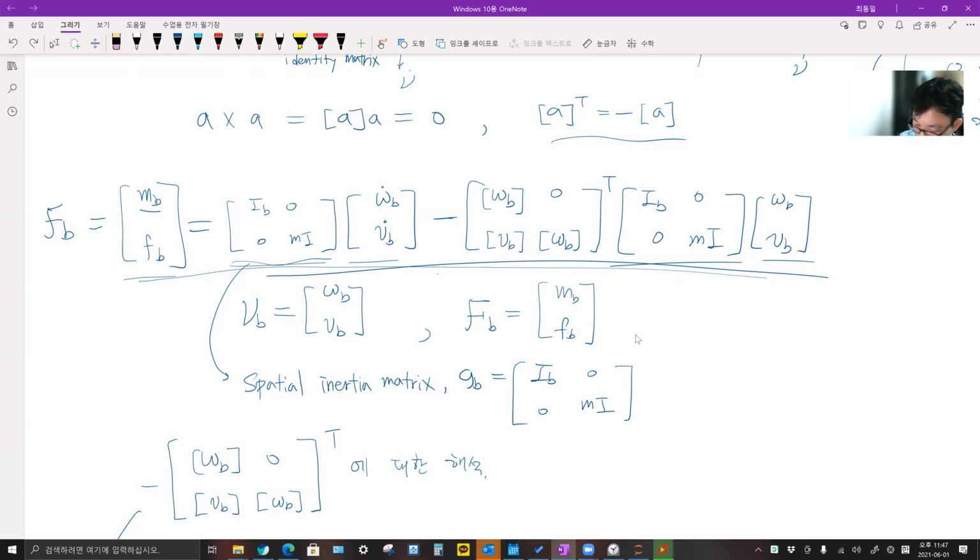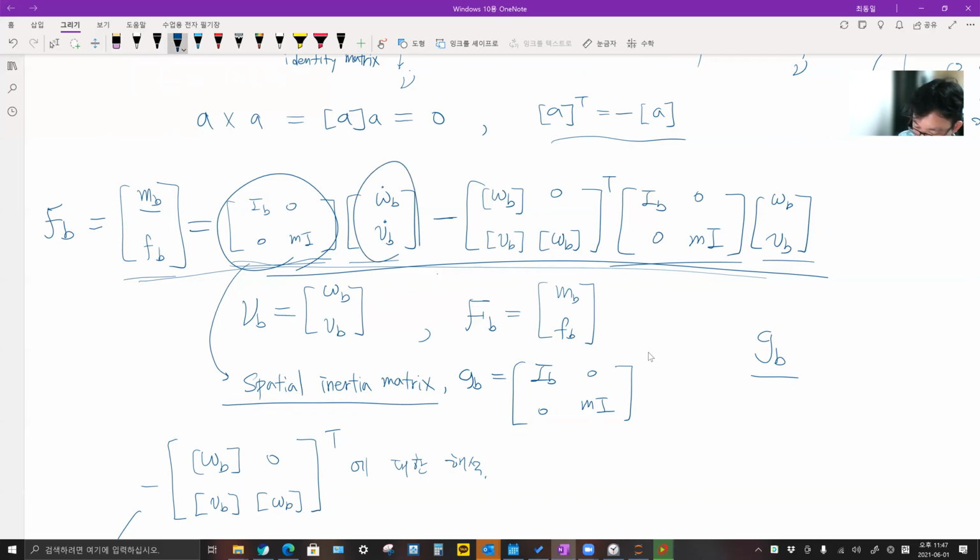And also we can name each matrix. Firstly, this one is the spatial inertia matrix. So we usually use GB. This symbol is not exactly the same as G, but I recommend you see the Modern Robotics textbook, and the symbol like G, which is the spatial inertia matrix, and there is the rotational inertia matrix here, and there is the mass matrix.